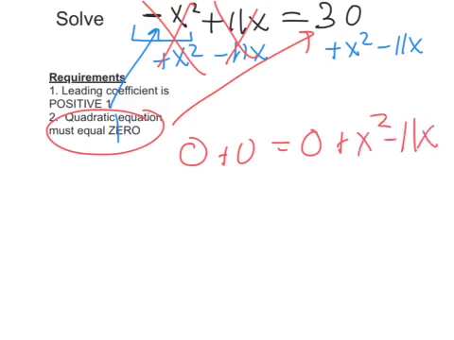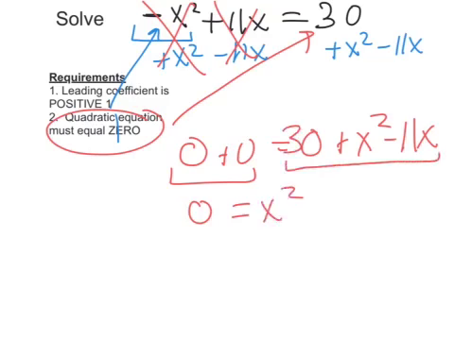I'm going to simplify a little bit: 0 plus 0 is equal to 0. I might rearrange this equation and put the x squared minus 11x plus 30 in standard form. Once we're here, we do meet our requirements. It is equal to 0, and our leading coefficient is 1. Nobody says that they have to be on the left or the right side of the equation, so we're ready to go ahead and factor this one.